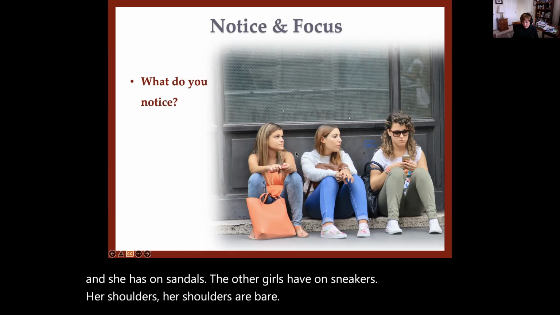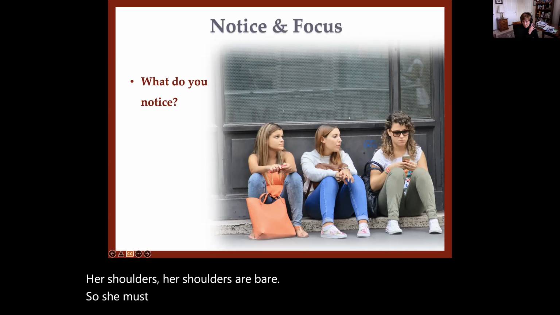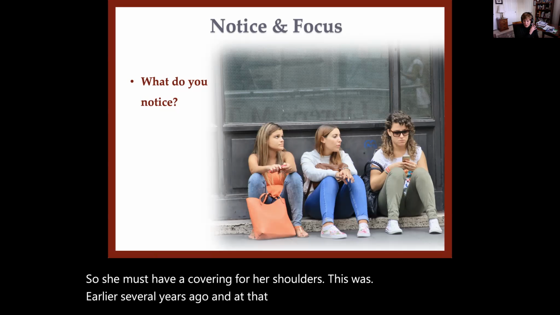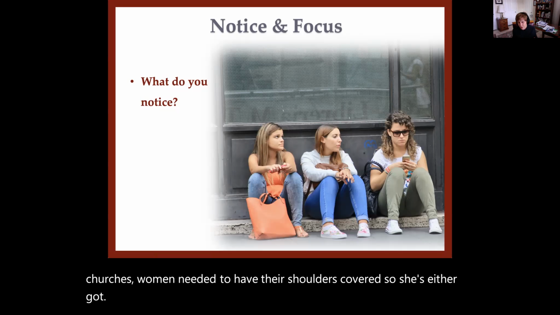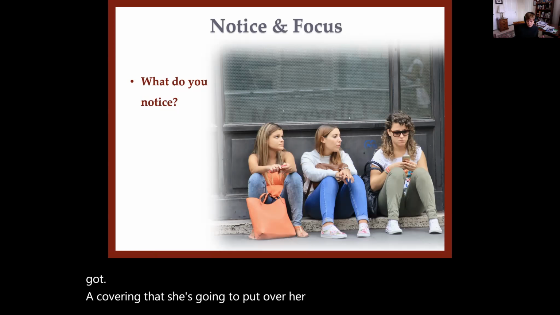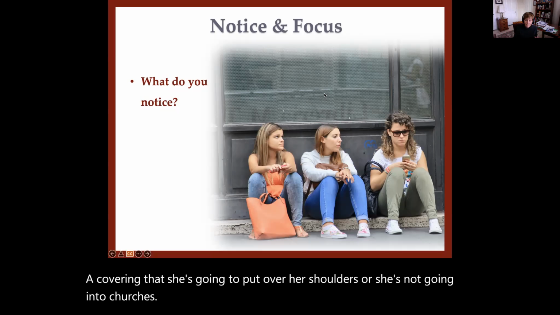So she must have a covering for her shoulders. This was earlier, several years ago. And at that time, if they were going to go into churches, women needed to have their shoulders covered. So she's either got a covering that she's going to put over her shoulders, or she's not going into churches. All right.